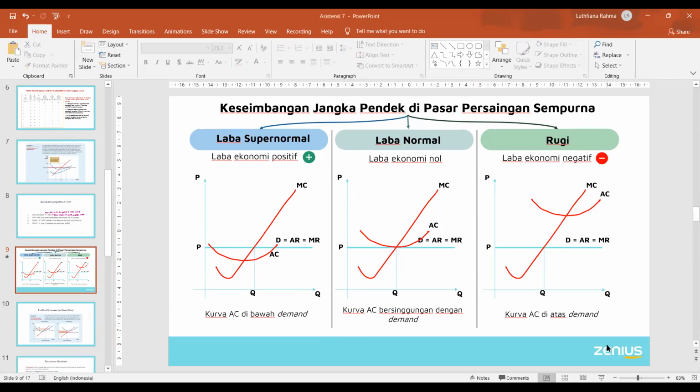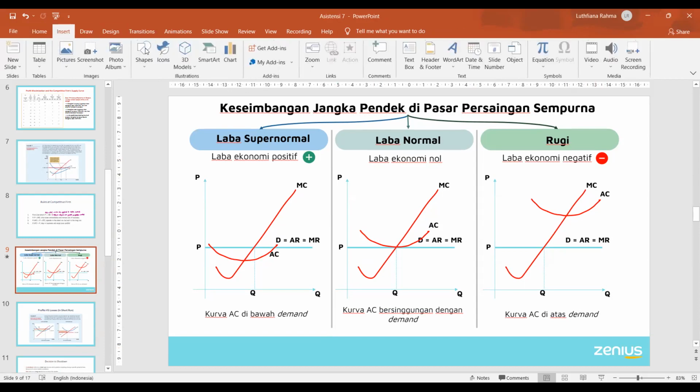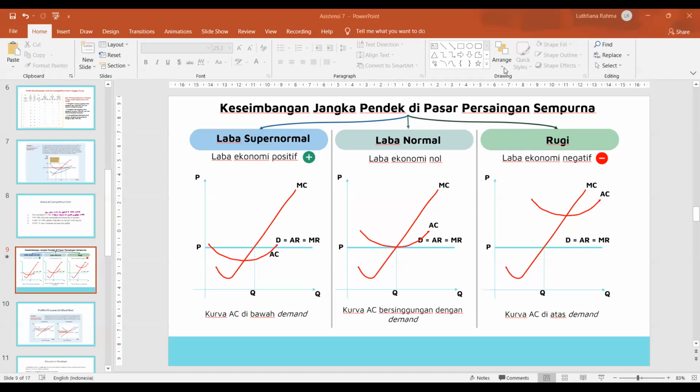So in the short run, the firms could experience three conditions.